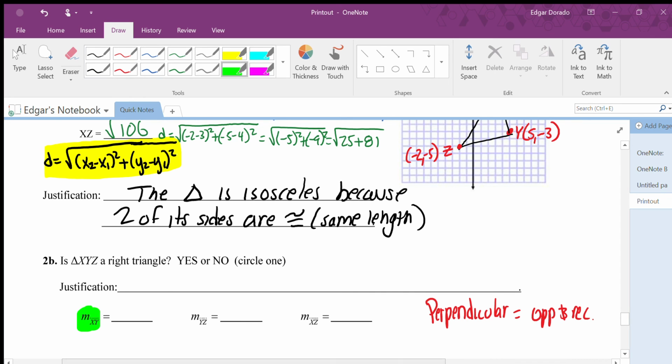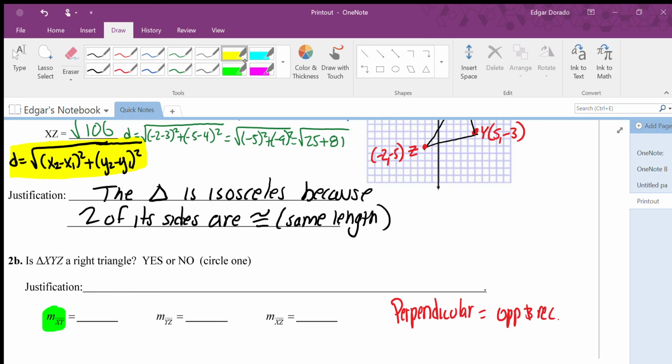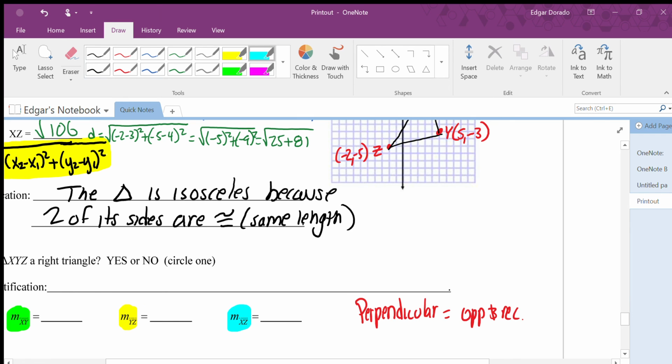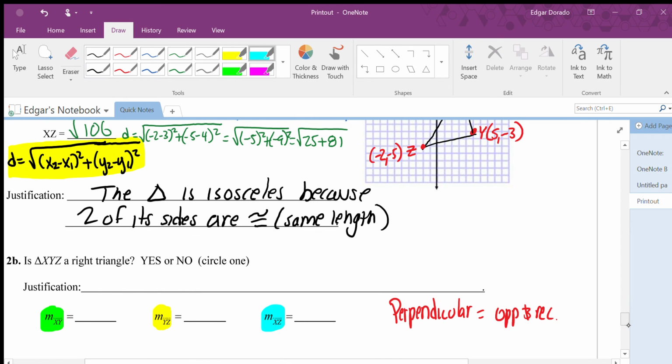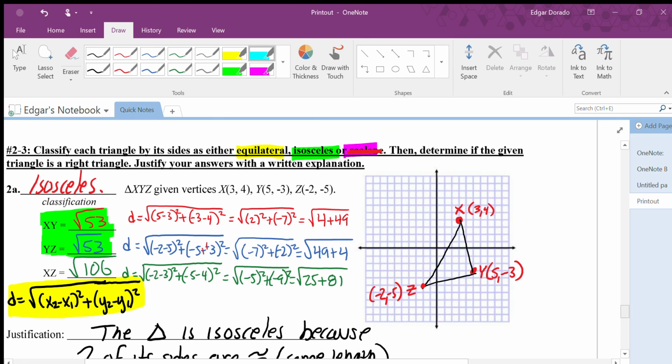So let's find the slope of line XY, line YZ, and line XZ. Let's go ahead and do it. So XY, I go down 1, 2, 3, 4, 5, 6, 7, down and to the right 2.